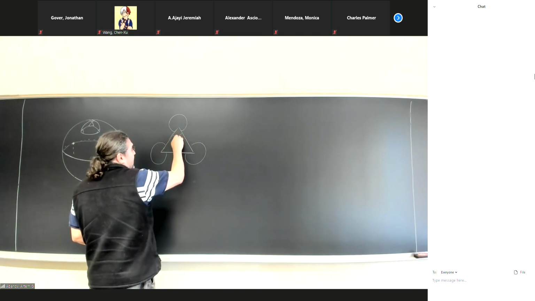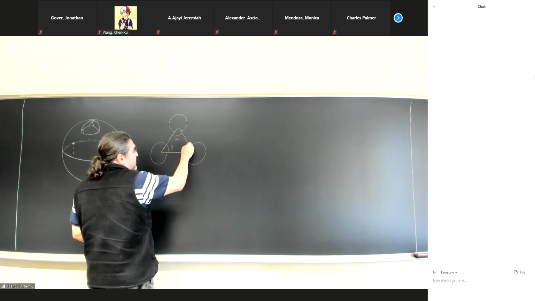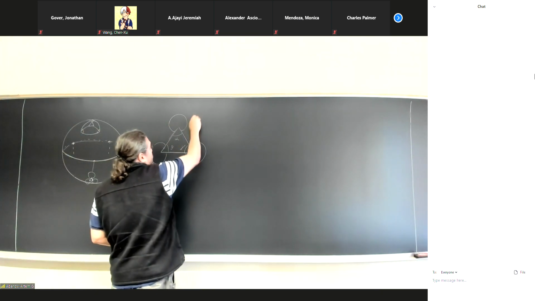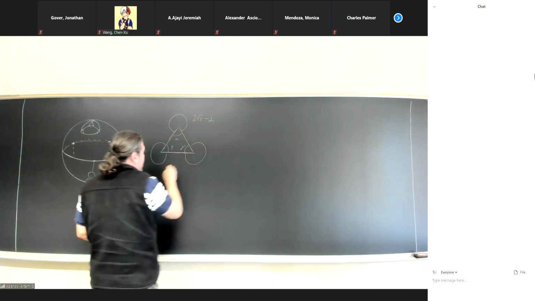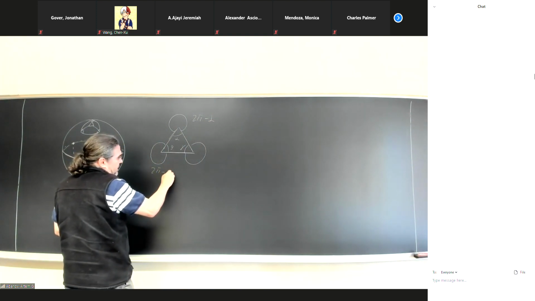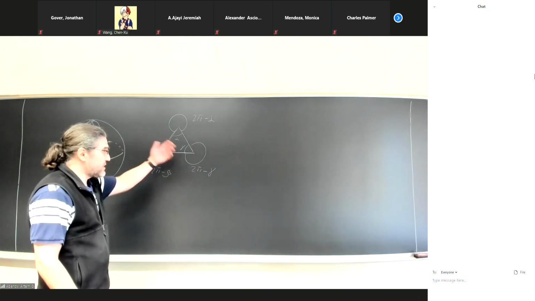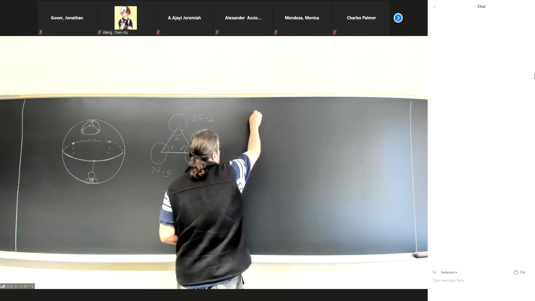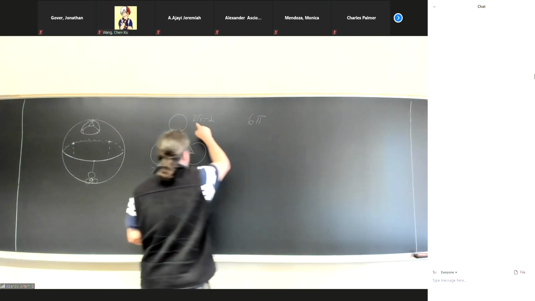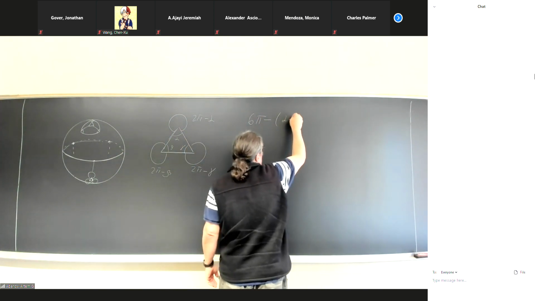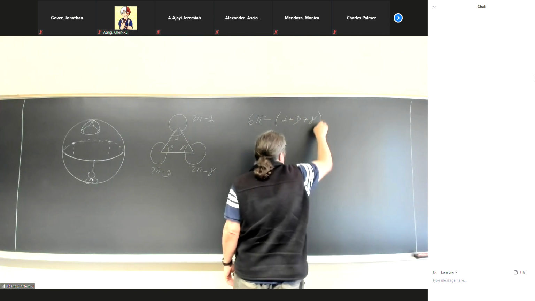So if this is angle alpha, this is beta, and this is gamma, then what we have? This angle is 2 pi minus alpha, this is 2 pi minus beta, this is 2 pi minus gamma. Right? So the sum of them is 6 pi minus (alpha plus beta plus gamma).